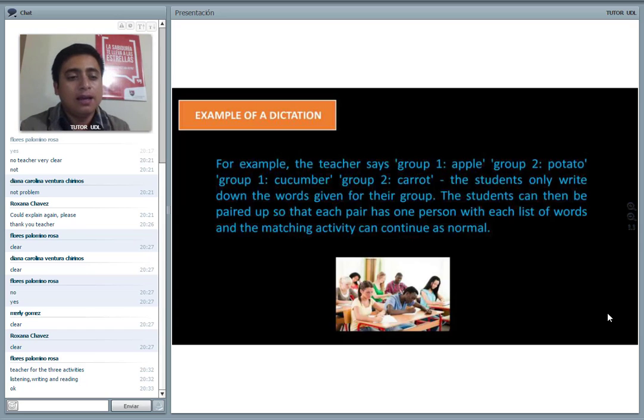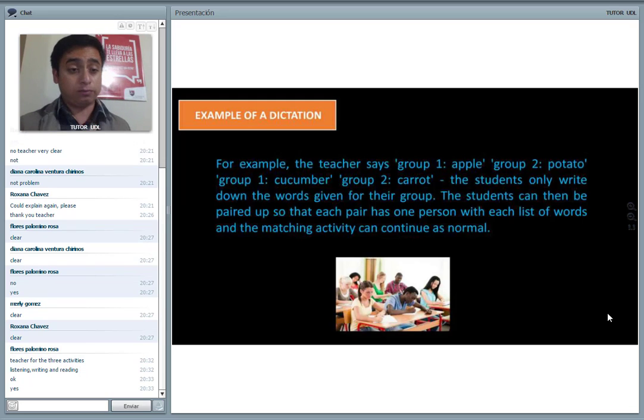As I was telling you about dictation, one of the ways that you can use dictation with your students in order to avoid cheating, because most of the time we have cheater students in the classroom, is to put the students in pairs.